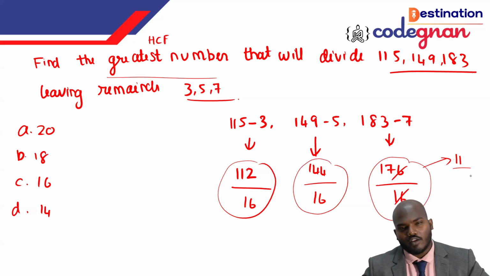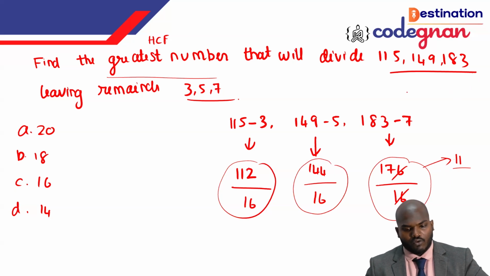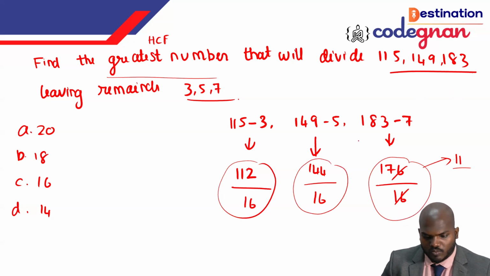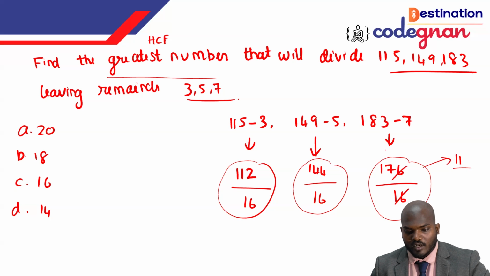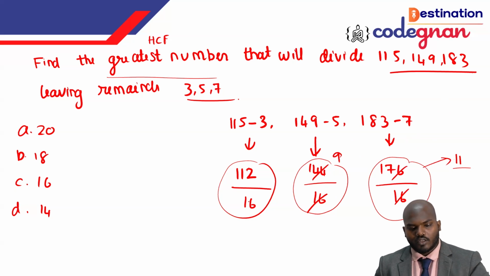which is 176. 144 means we have 9 times 16, that will give you the value 144 here. And going to 112, which value will give you 112 here?